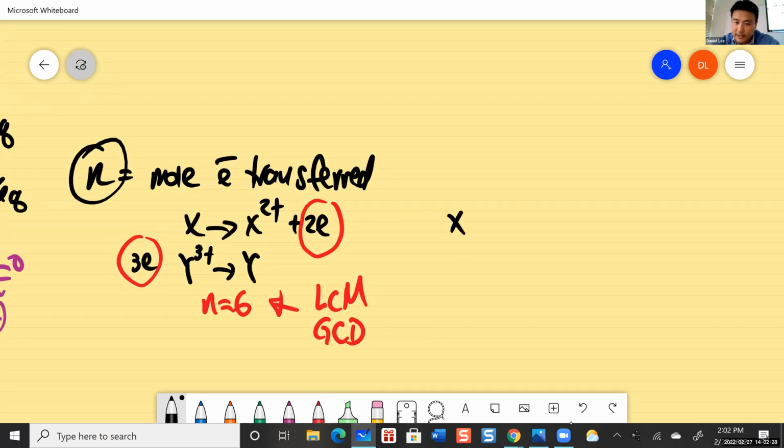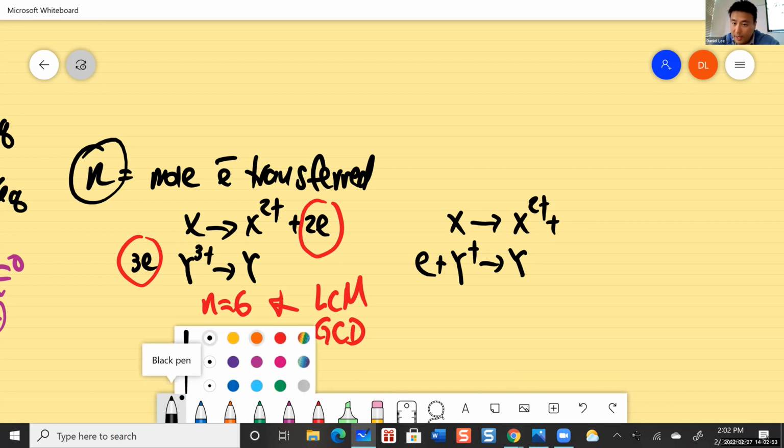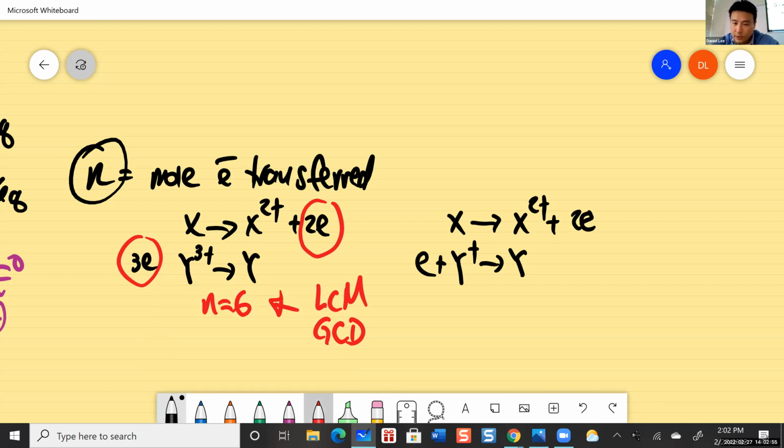If I have something that becomes 2+, and then Y+ plus an electron becomes Y. What is my moles of electrons transferred here? Between 2 electrons and 1 electron, what is the lowest common multiple? The lowest common multiple would be 2. So the moles of electrons transferred is 2.